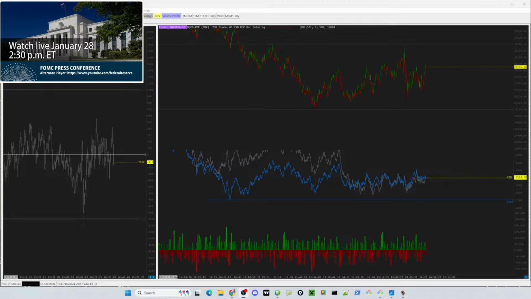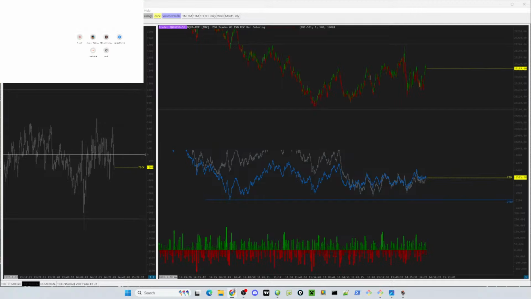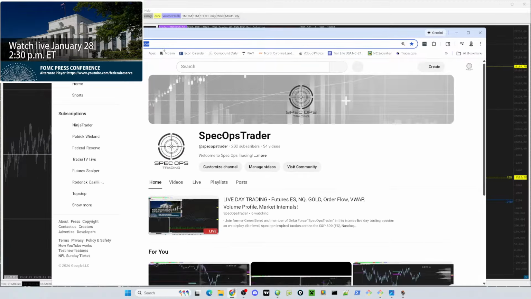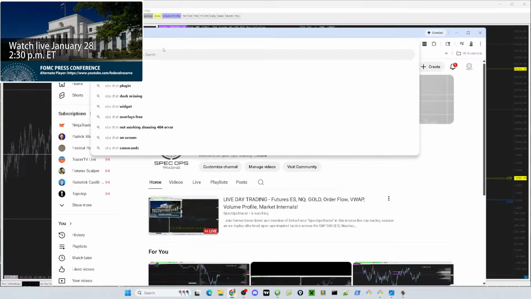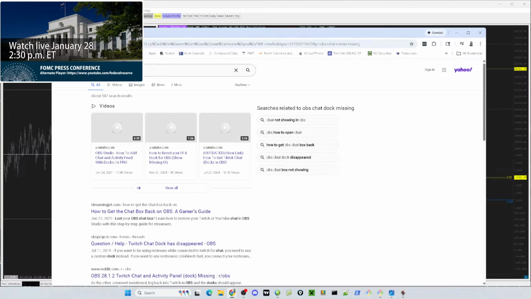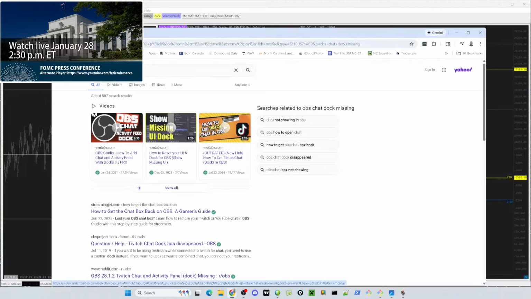I can see the scenes, sources, but there used to be a chat dock here. OBS chat dock missing. Let's see what Google comes up with here. Oh, you guys are seeing that too.